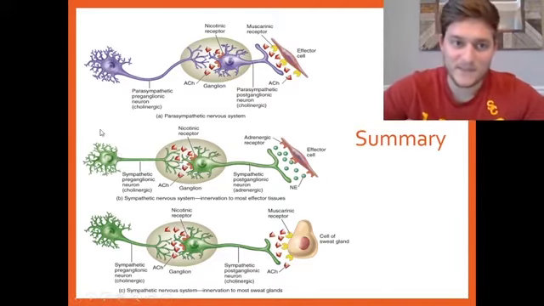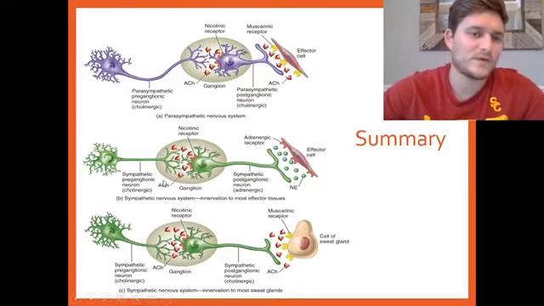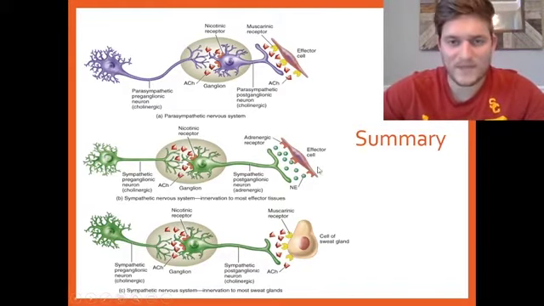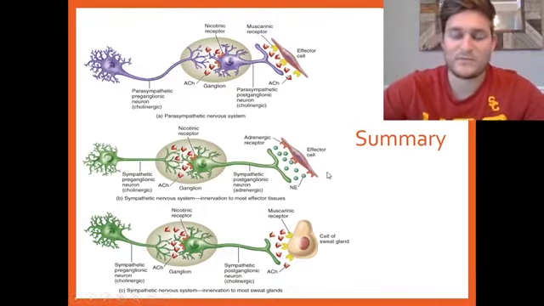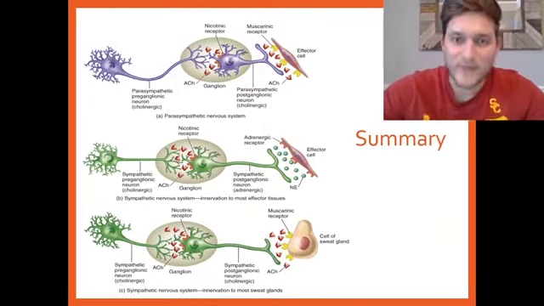We also have the sympathetic division. Those preganglionic neurons are also going to release acetylcholine, but remember, the postganglionic neurons, they will release norepinephrine, and norepinephrine will bind to either alpha or beta receptors on their target cells. If it binds to a place like the lungs or the heart, we're going to see an increase in heart rate, stroke volume, blood pressure, depth of breathing rate.